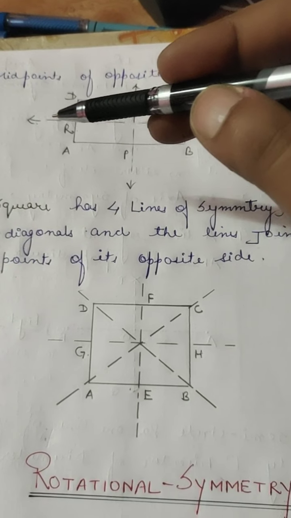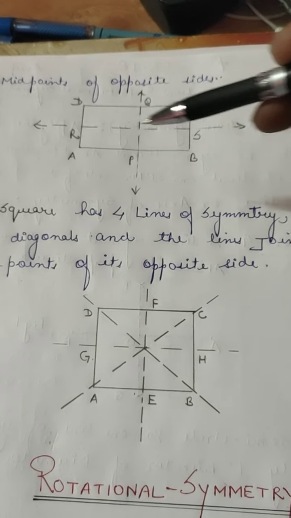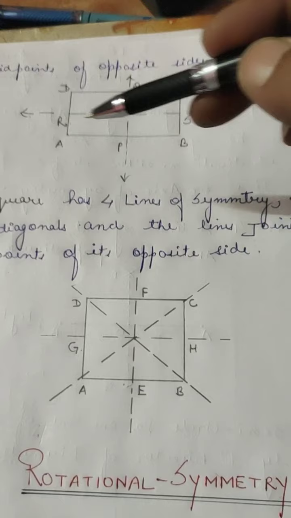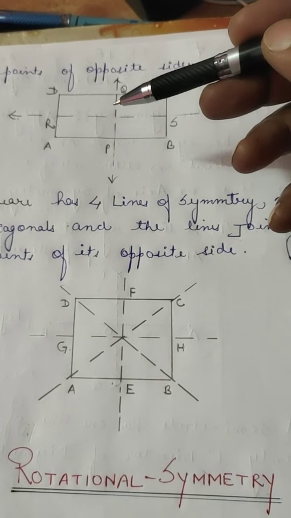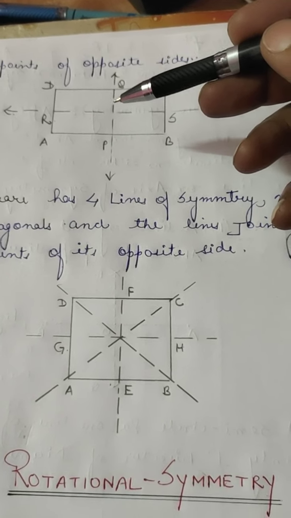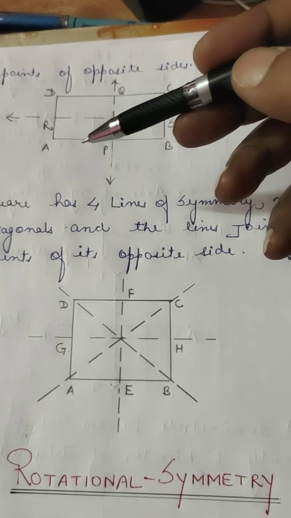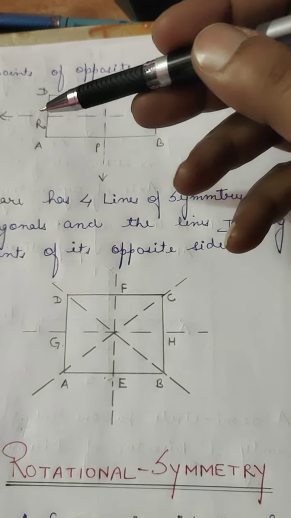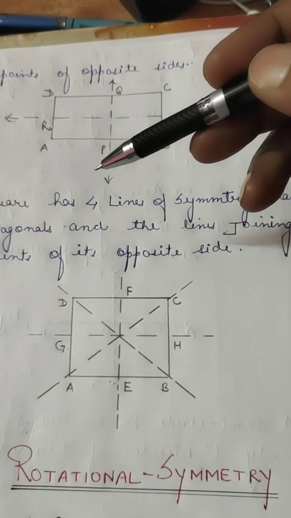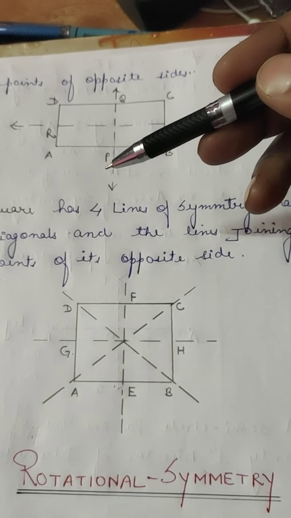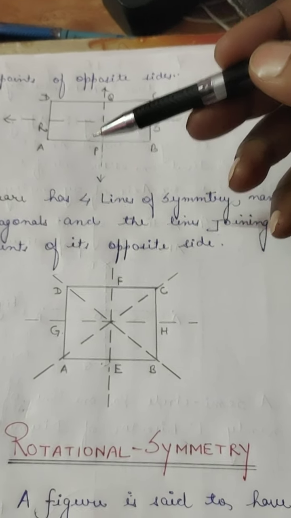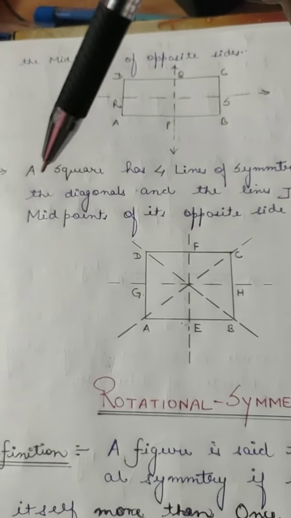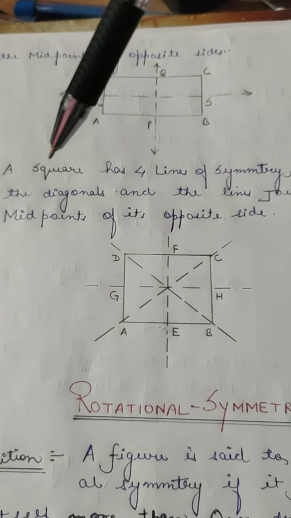Similarly, if we try to divide this rectangle along this axis horizontally, then if we try to overlap this half over this half, they will completely overlap. Hence, this line and this line are known as axis of line of symmetry of rectangle. Hence, the rectangle has two lines of symmetry.